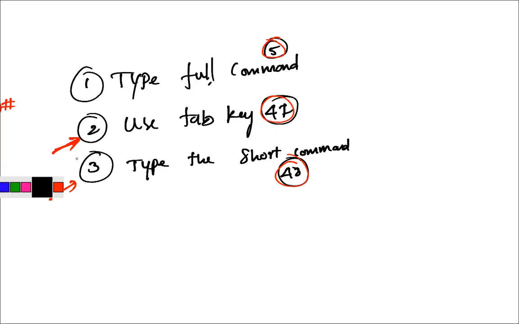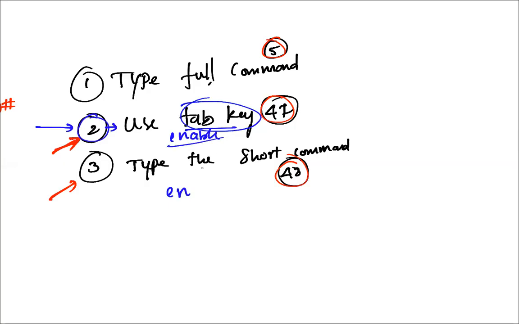If you ask me which one I would use, of course I go with option 2, because there is a little bit of advantage in option 2 over option 3. It's just one key: you type en and then you press the tab key. No big difference. So if you ask me which one I will be choosing, I'll choose option 2 because I'll at least know what the command is. Because with en, you will always forget what en stands for at some point.